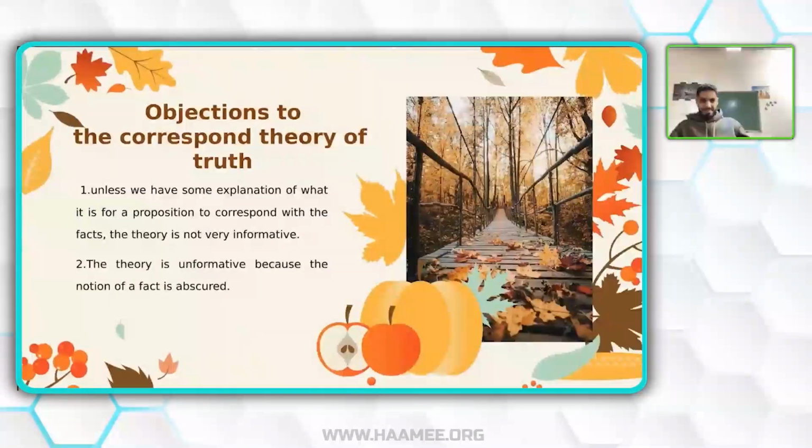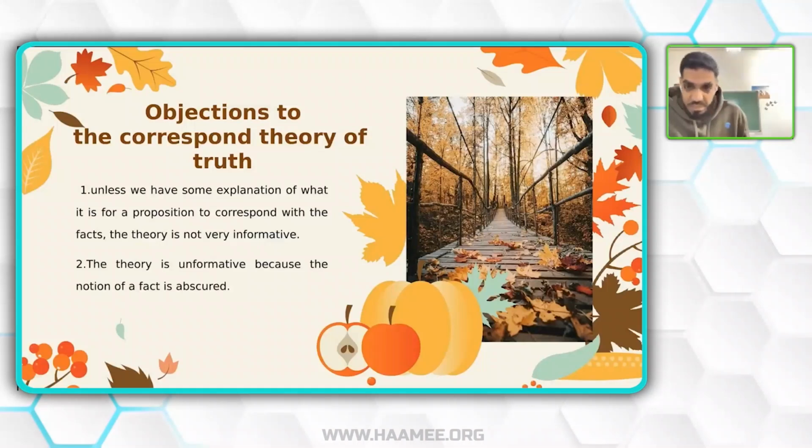On the second page, as you see, we have objections to the correspondence theory of truth, from those who don't agree with that theory. They have two objections. One is that unless we have some explanation of what it is for a proposition to correspond with the facts, the theory is not very informative.